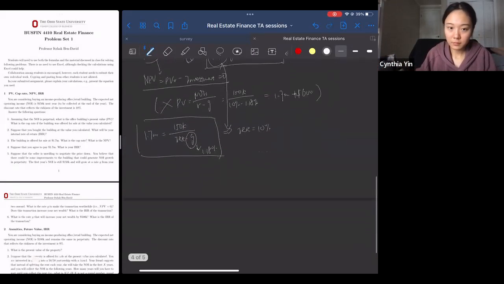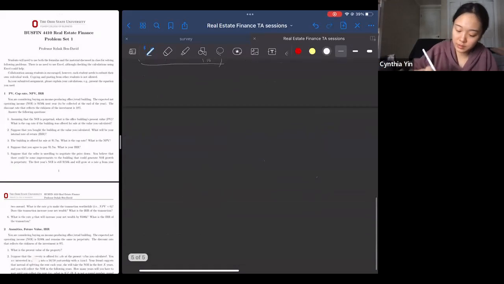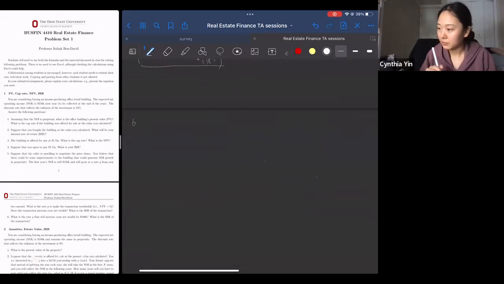Okay. So let's see the last question in this question. What is the growth rate that will increase your net wealth by 500K? So in other words, following the previous question, you bought the property at 1.7 million, and you really want it to be worth more because you want to make yourself wealthier, as we explained in the previous question.